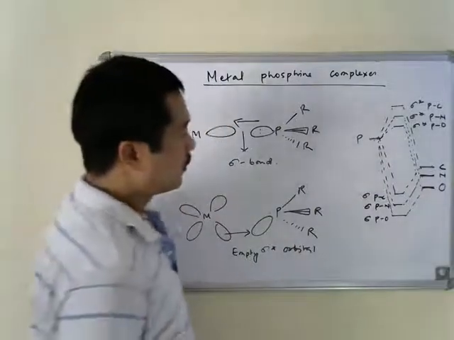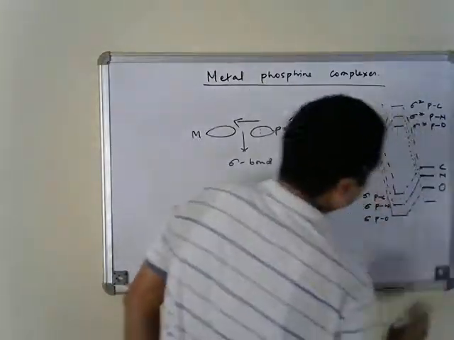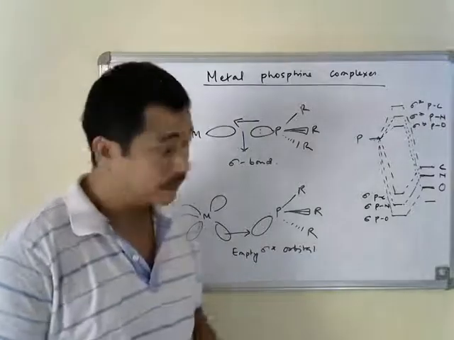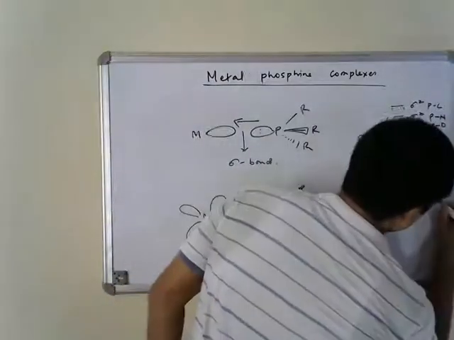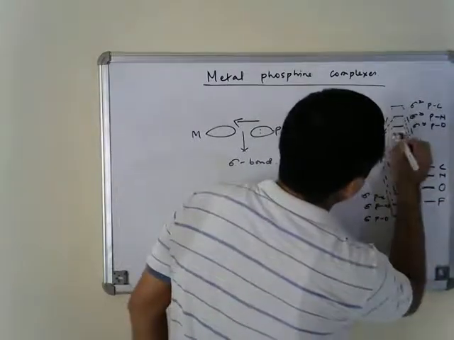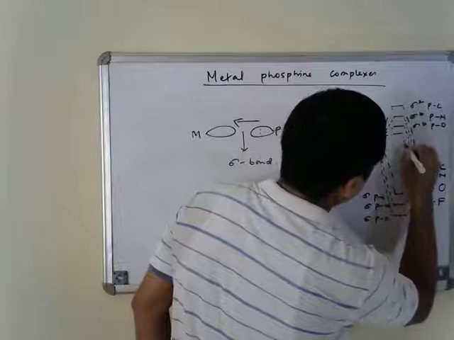And for more electronegative substituents like fluorine, as in case of PF3, the energy will be even lower.